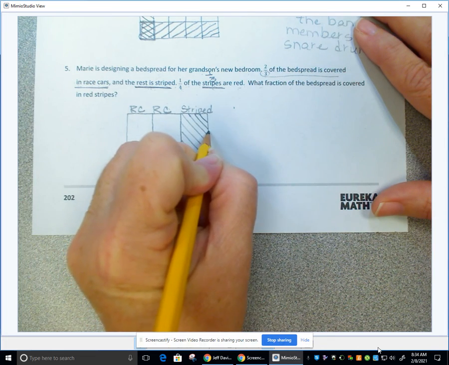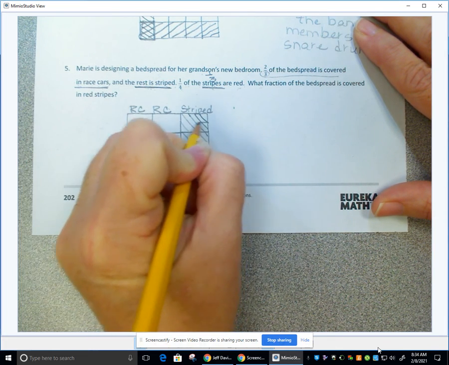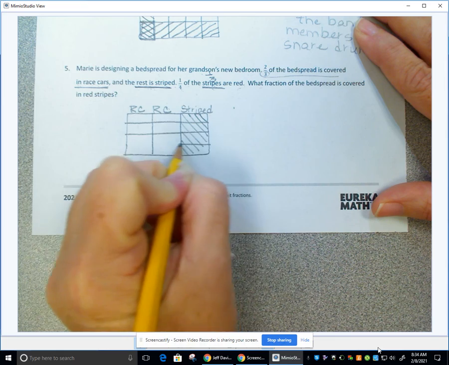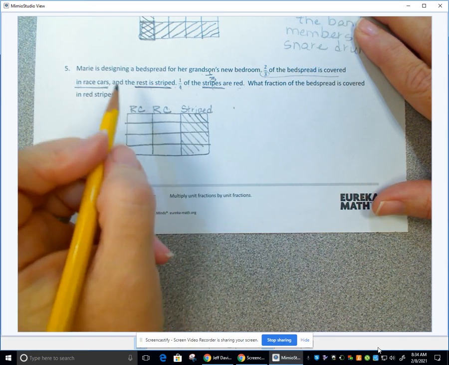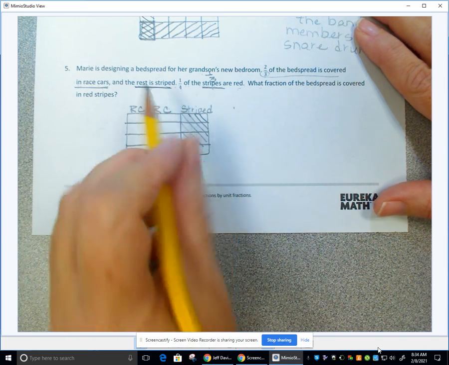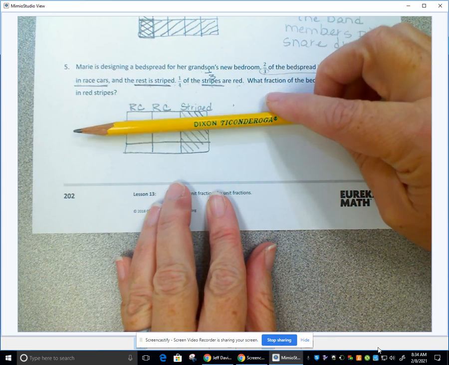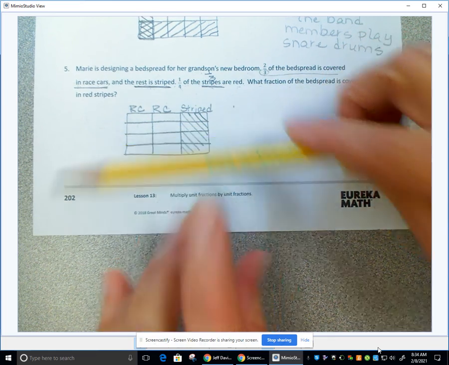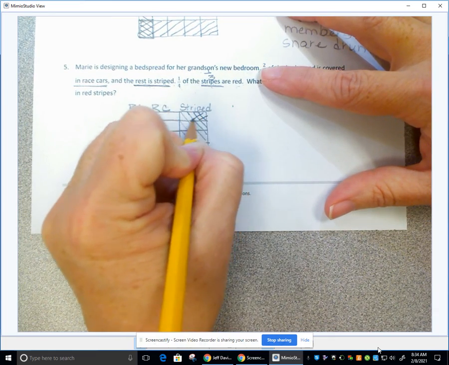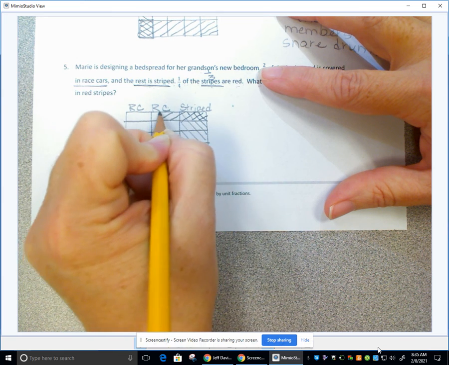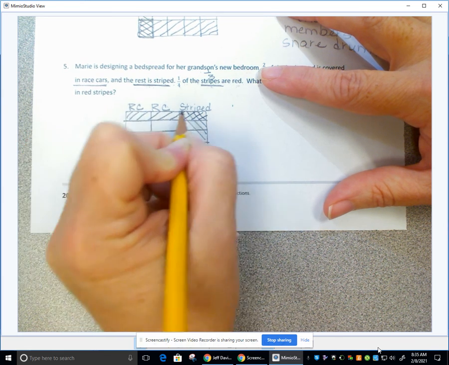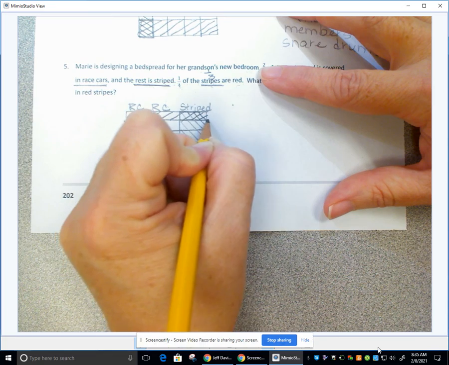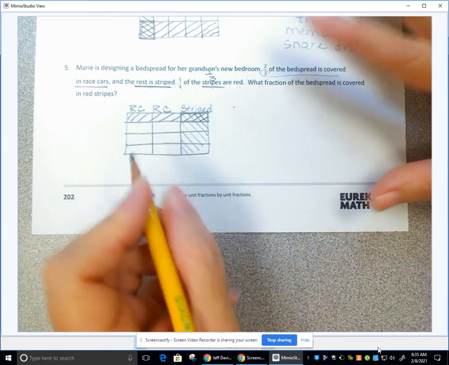So I want this in fourths, going across this way. And see, there's one section, 2, 3, 4. It will go the opposite way. And there's one section right there.